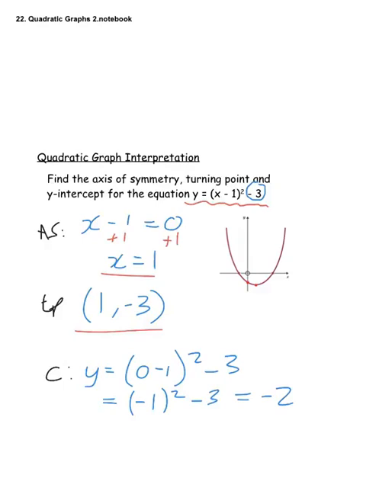So the y-intercept coordinate is going to be (0, negative 2), with the 0 being what we substituted into our equation. And that's our three pieces of information there. First of all, the axis of symmetry, secondly the turning point, and finally the y-intercept.